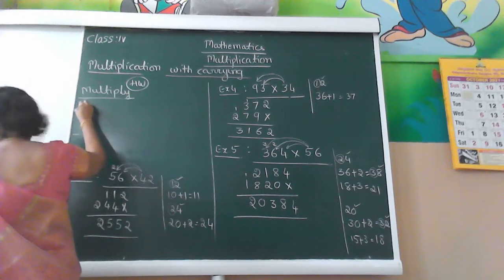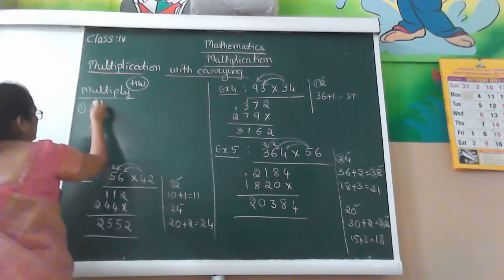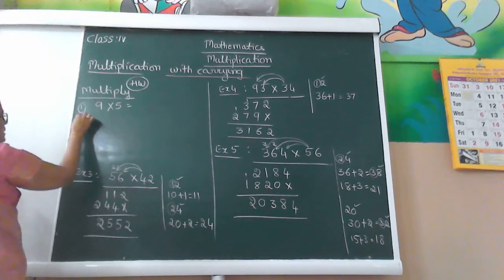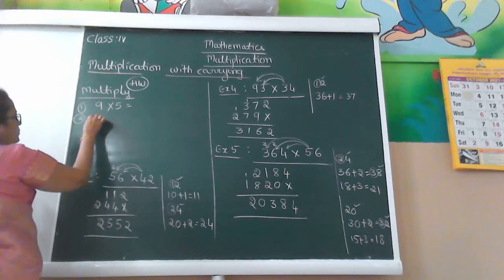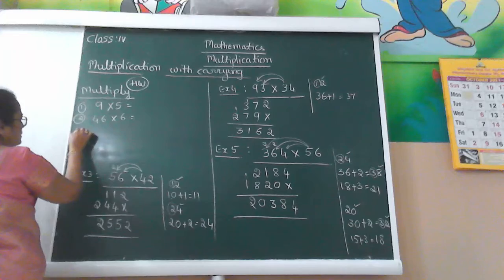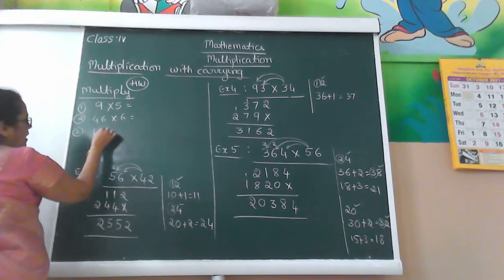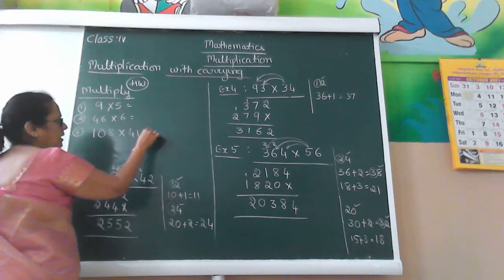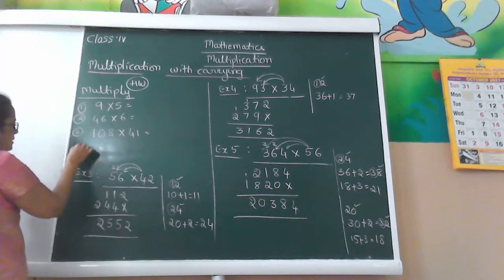First one, I'll give a simple one, 9 into 5. Second one, 46 into 6. Third, 108 into 41.